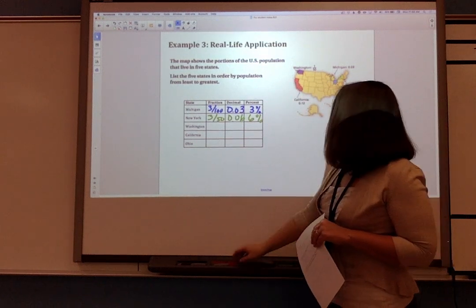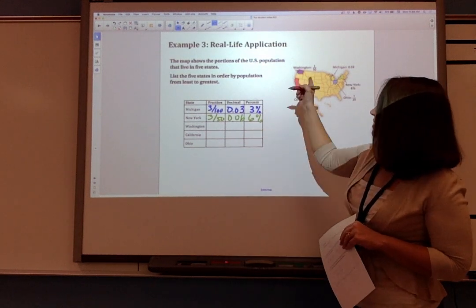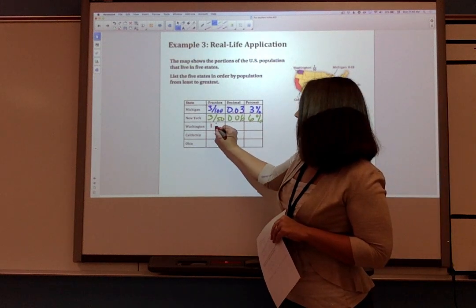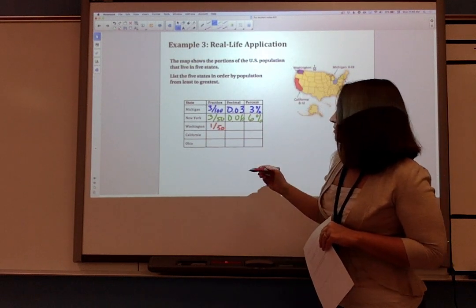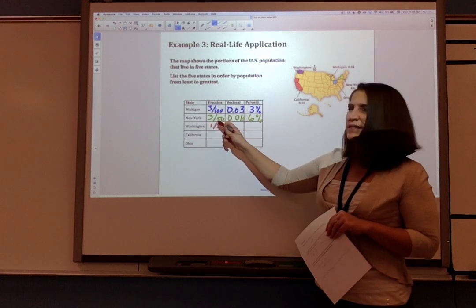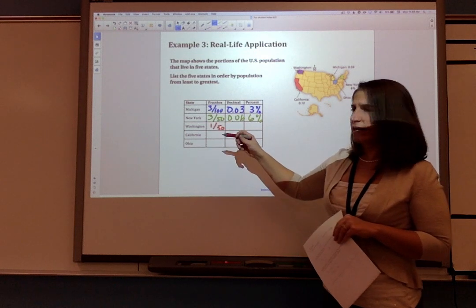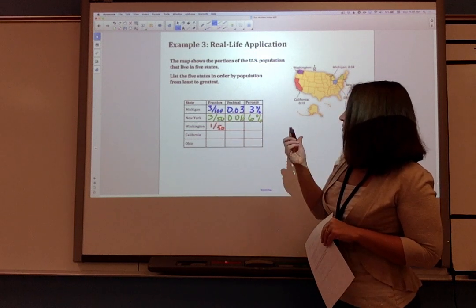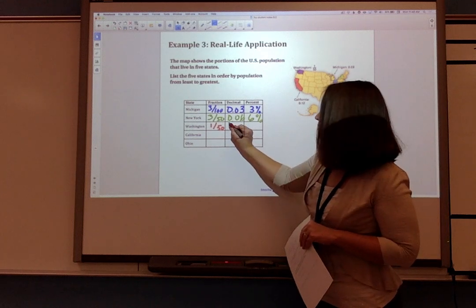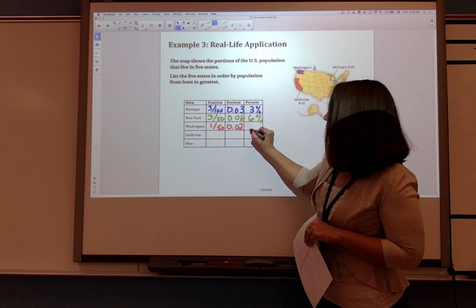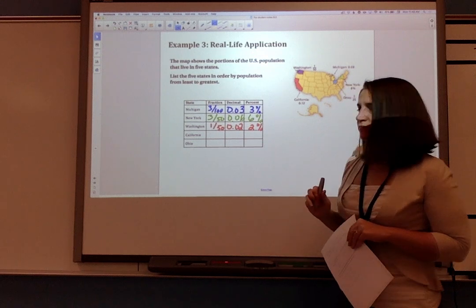Now let's take a look at Washington. Washington, it's 1 over 50. Okay, so that's 3 times less than what New York is, right? So 1 over 50 would be 2 over 100, 0.02, or 2%.